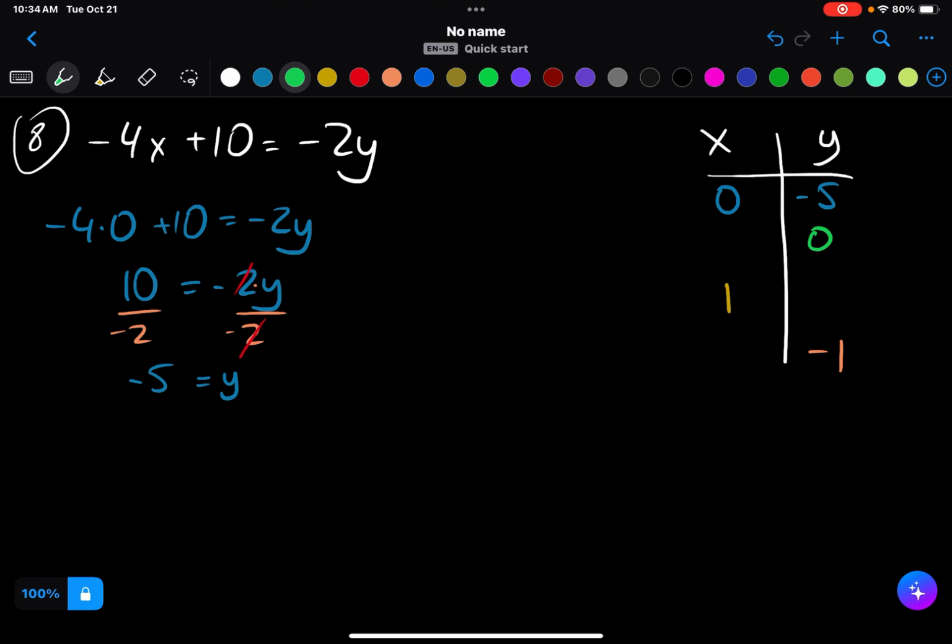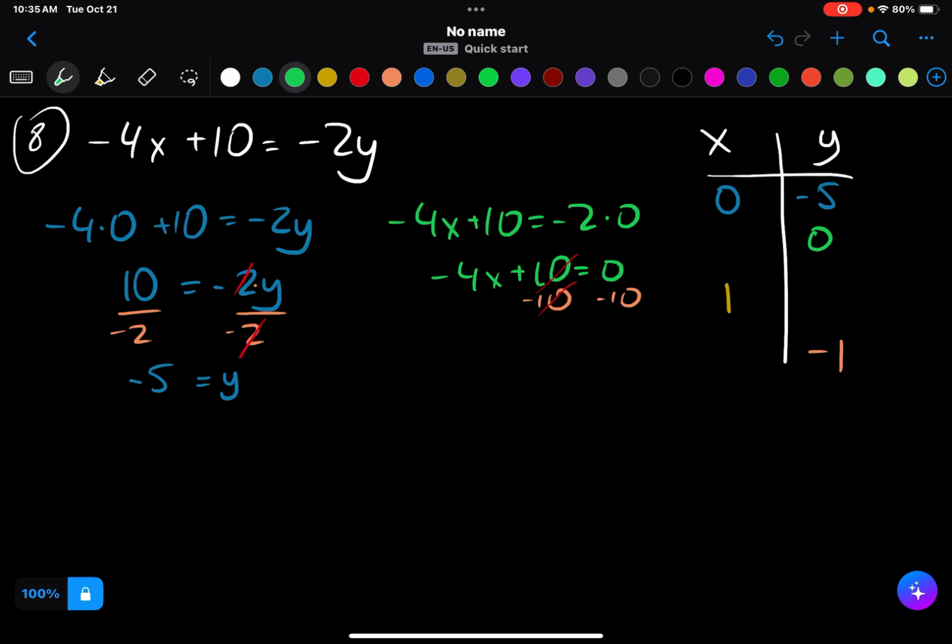Now let's try it when y is 0. So it'll be -4x plus 10 equals -2 times 0. So the right side's gone. Now I just have -4x plus 10 equals 0. First, subtract 10 from both sides. So that's going to be gone here.